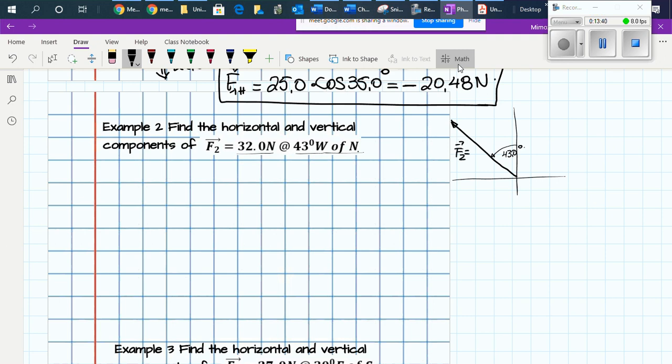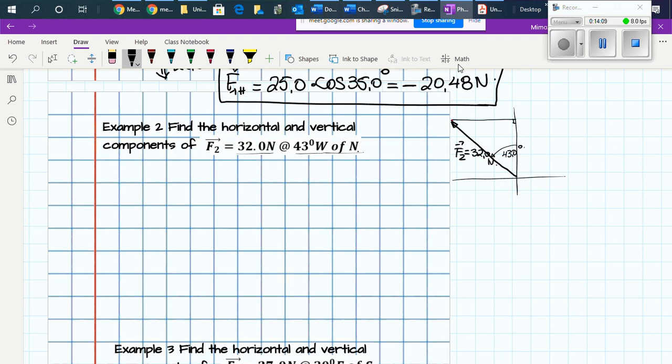F2 equals 32 newtons. Okay, so now let's follow the 2 little steps. From the tip of the vector, we will create a right angle triangle that includes the given angle. That means that you will draw a line that is perpendicular to the north axis.